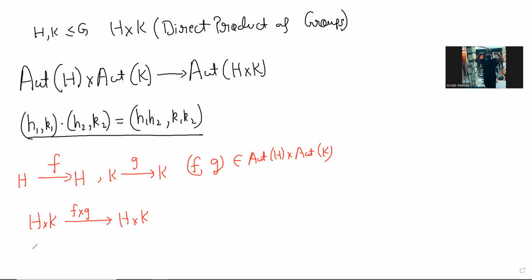I'm writing it like this, but the definition is important. You just send (h, k) to (f(h), g(k)). And then this is an automorphism, which we can check. Correct? You see, this thing is just a notation. It's a suggestive notation, but it's just a notation.